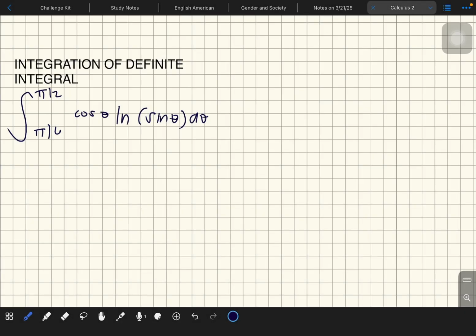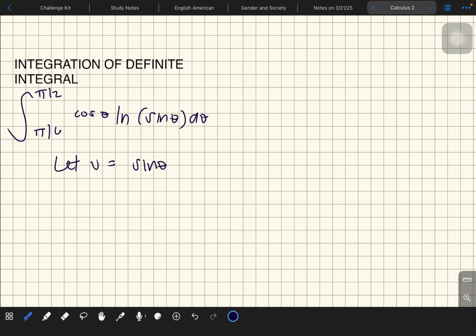Okay, let's proceed to integration of definite integral. So, we have here integral from pi over 6 to pi over 2 of cosine theta ln sine theta d theta. So here, we let u equal to sine theta.